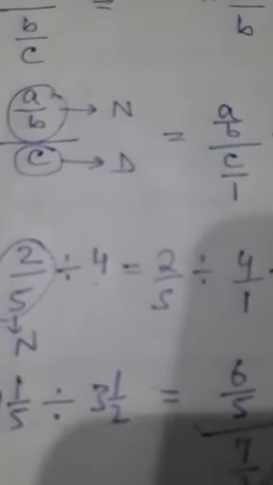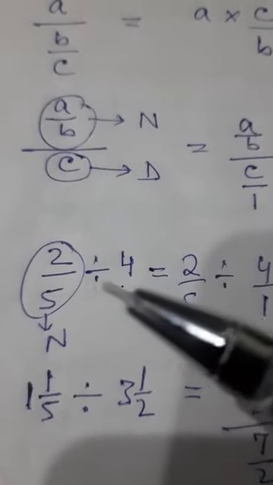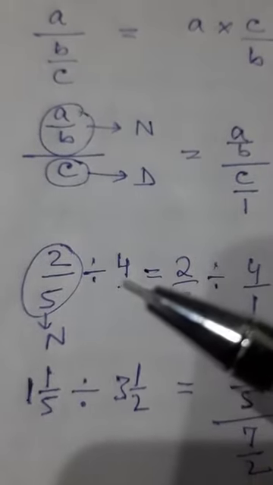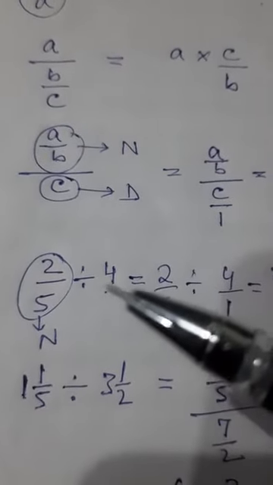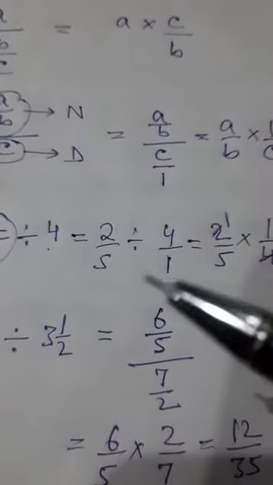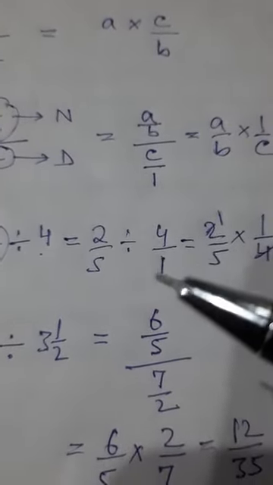Now let us take a few examples here. 2 upon 5 divided by 4. So this is divided, so this is numerator, and this is dividing, so this is denominator. Now since denominator is not a fraction, we will make it a fraction. So we will make a 4 as a 4 upon 1.